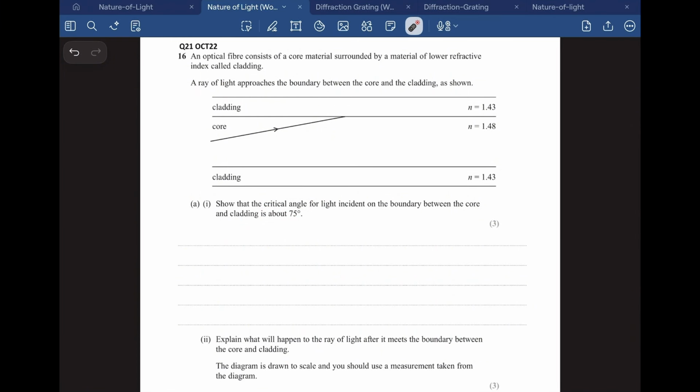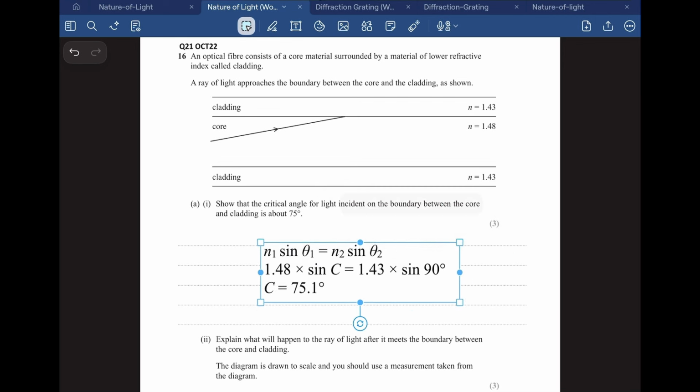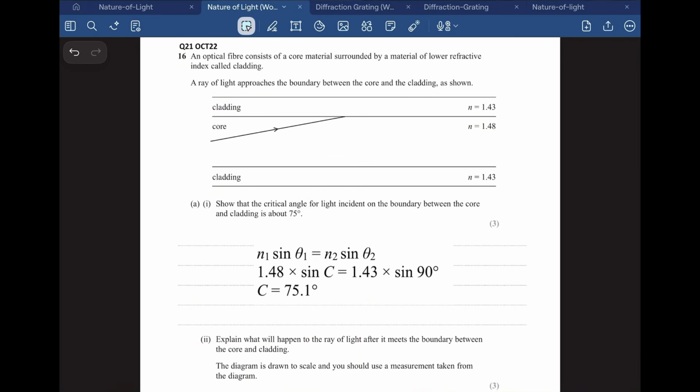So they are asking us to show that the critical angle for the core and the cladding is basically 75 degrees. One thing we have to understand is that the light is moving from the core to the cladding. So we know the formula is n1 sin θ1 = n2 sin θ2.